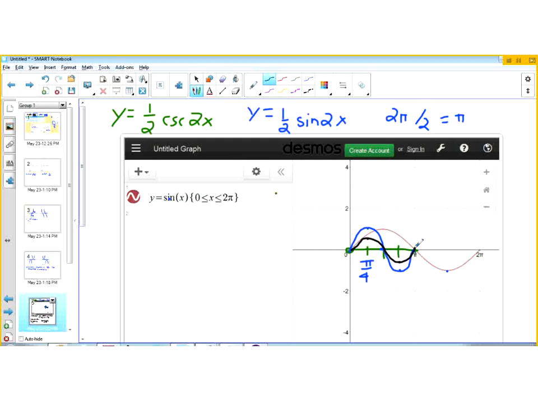This black curve then defines the nature of our cosecant function. The x-intercepts of the black curve translate into vertical asymptotes. So we would have a vertical asymptote at x equals 0, a vertical asymptote at pi halves, and a vertical asymptote at pi.